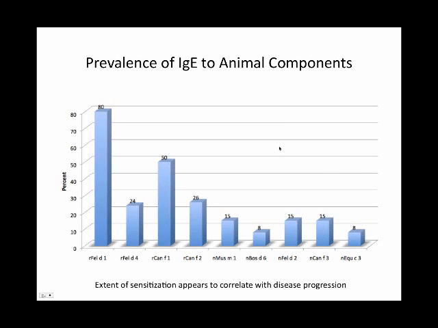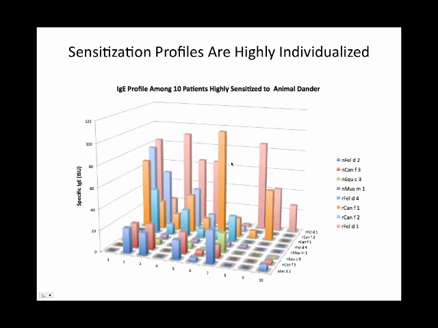Although this looks at a population in general, as a clinician, I'm dealing mostly with individual patients, so I want to know what the individual sensitization is. What I found looking at these 10 highly sensitized patients is there's a considerable amount of variation from patient to patient. Certainly FeLD1 is very common, but in some patients who are strongly allergic to animal dander, it's very low.